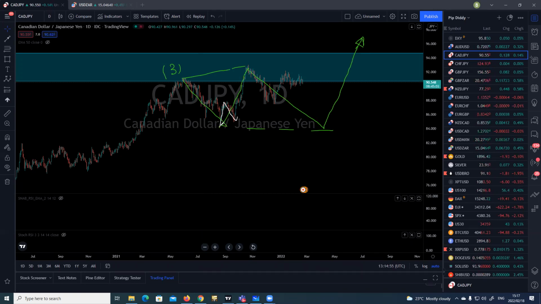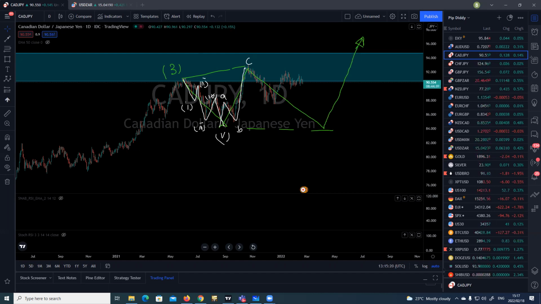This appears to have been 1, 2, 3 waves, an A, B, C corrective structure. And this appears to have been 1, 2, 3, 4, and 5 waves. Okay, so this was pretty impulsive. 1, 2, 3 in the Y degree, 4, and 5, right?